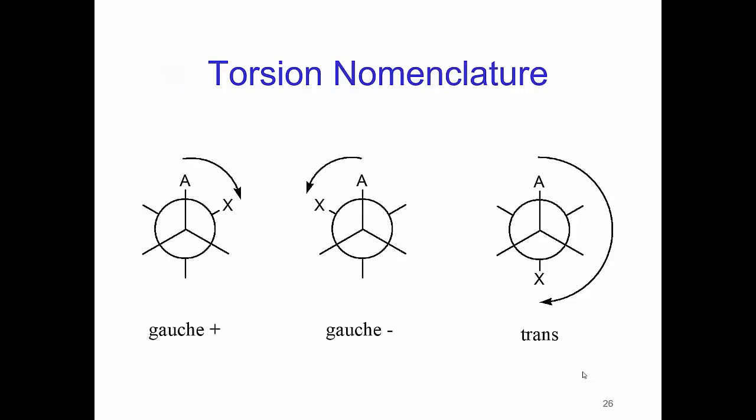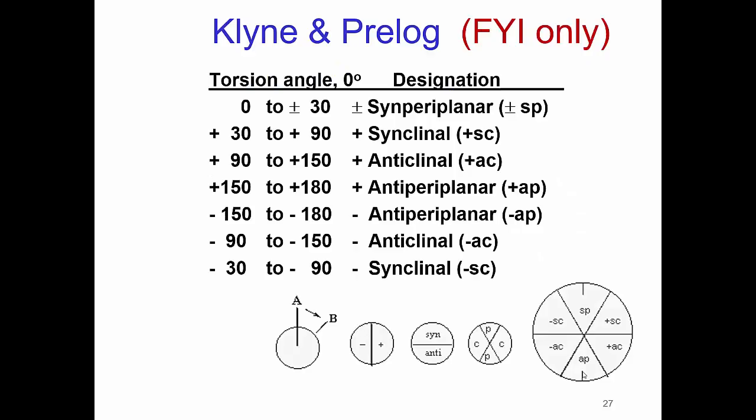Okay, other things you may run into is gauche. We have gauche plus and minus. So again, it's based on the torsion angle, either turning to the right or to the left. Trans is another way of saying 180 degrees. It can get more complicated.